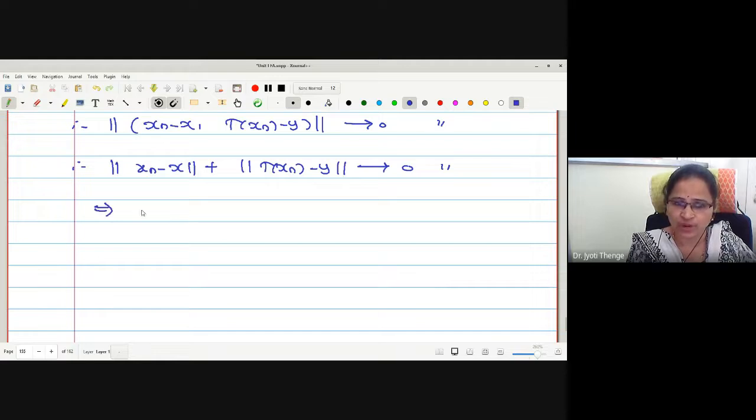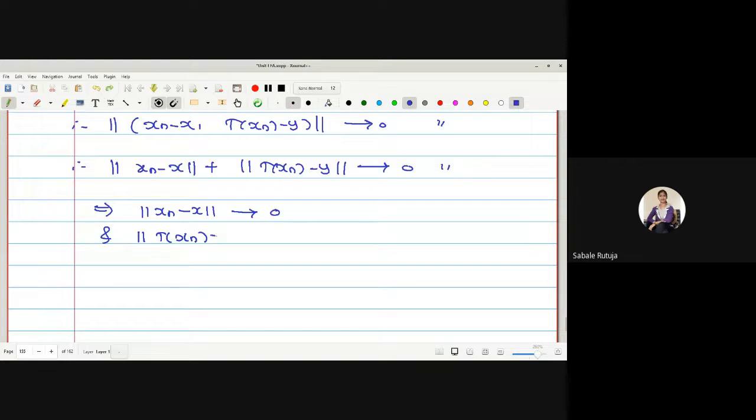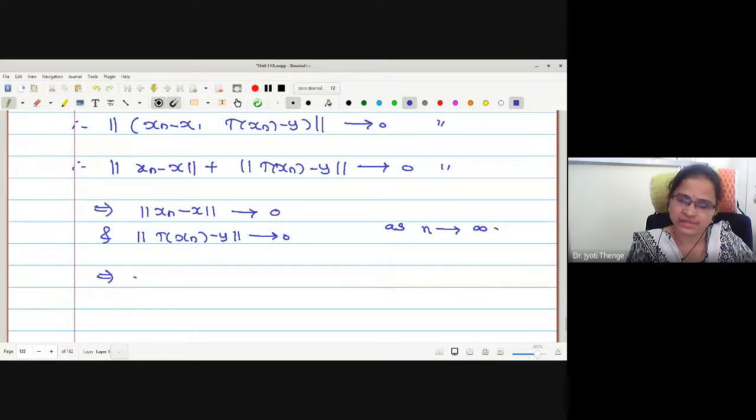Therefore, may I say separately both the norms are tending to 0. Correct? Yes, ma'am. Therefore, here can I say xn converges to x and Txn converges to y as n tends to infinity.